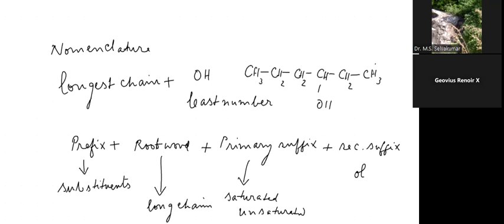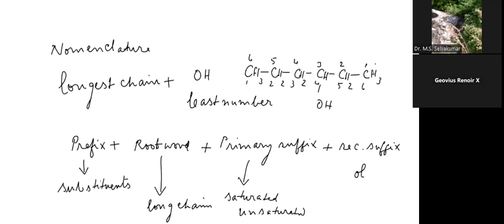So I want to number the carbon. There are totally 1, 2, 3, 4, 5, 6 carbons. I can number the carbon either in this direction, 1, 2, 3, 4, 5, 6, or in this direction, 1, 2, 3, 4, 5, 6.